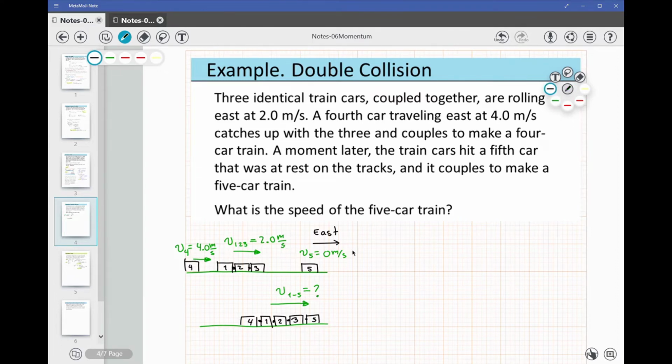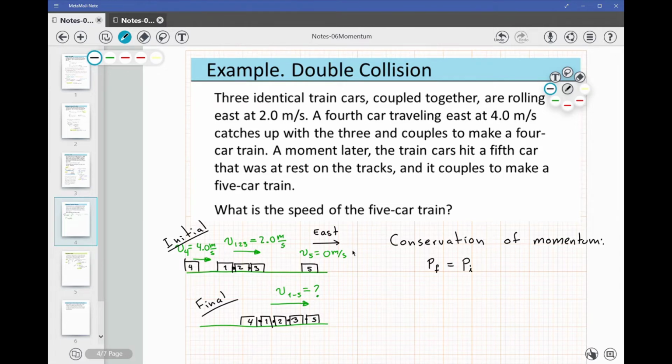So this is a collision problem. Momentum must be conserved. We have an initial time and then the final time. So if momentum is conserved, the final momentum must be the same as the initial momentum.